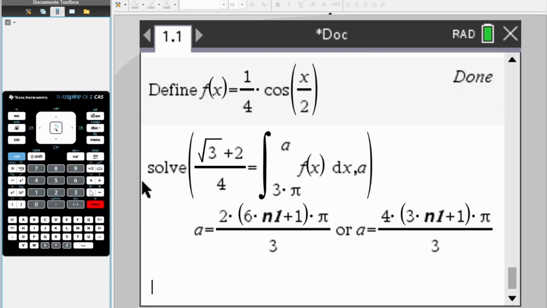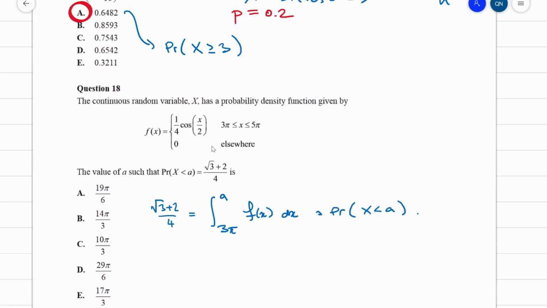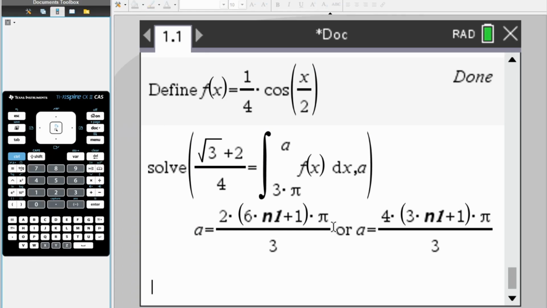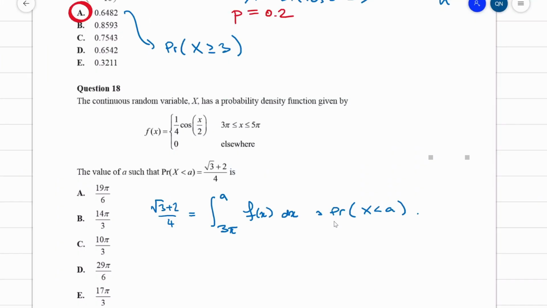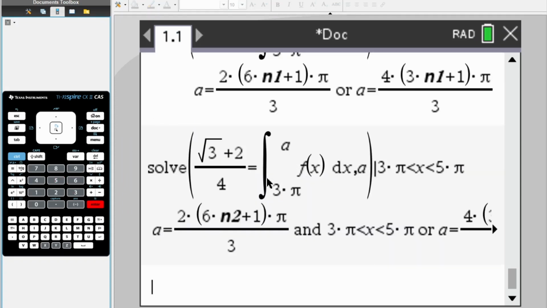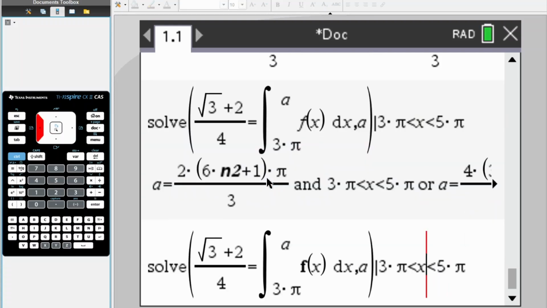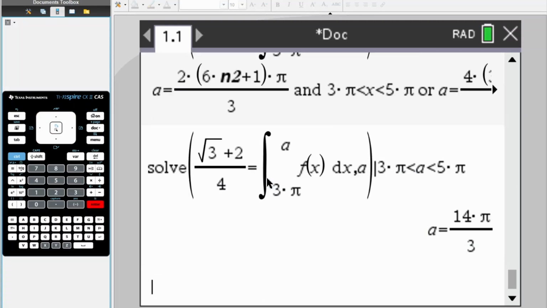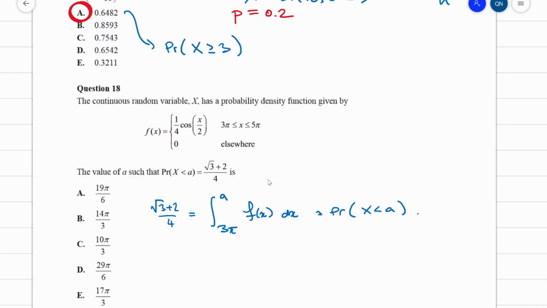And I get some funny numbers because we're working with a trig graph here. So a must be between, well, it should only go up to 5 pi. Maybe let's try that, because your density is 0 after 5 pi, so we'll do such that 3 pi less than x less than 5 pi, hopefully that works. That doesn't give us, it's a, not x, what am I doing? Because we're solving for a. 14 pi on 3. Option B.